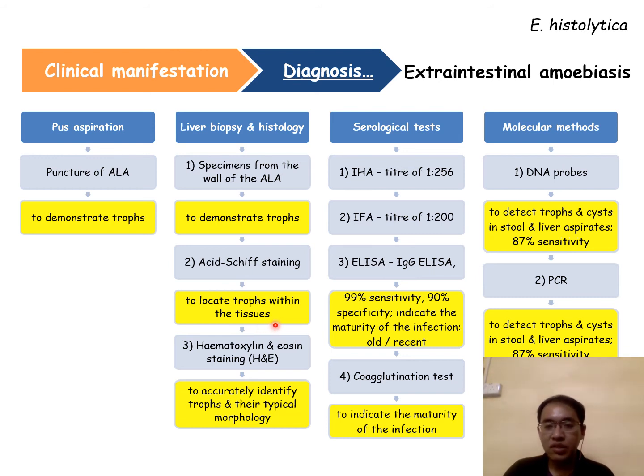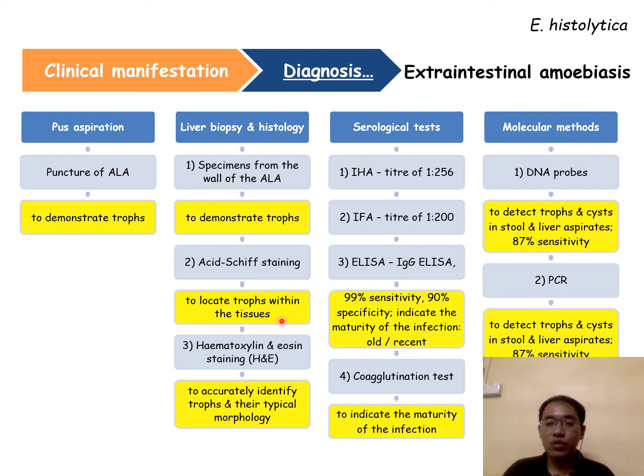So in case we can't perform invasive methods due to the limitation of equipment or whatever, the indirect method that enables us to diagnose extraintestinal amoebiasis is the detection of high antibody titers.